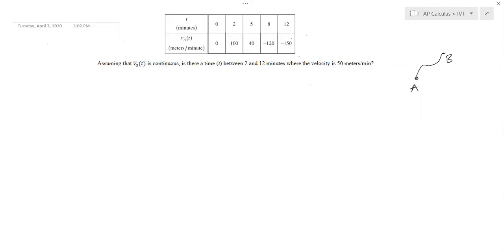So how are we going to write that on the AP exam? Well, the first thing you're going to want to say is that v of t is continuous.